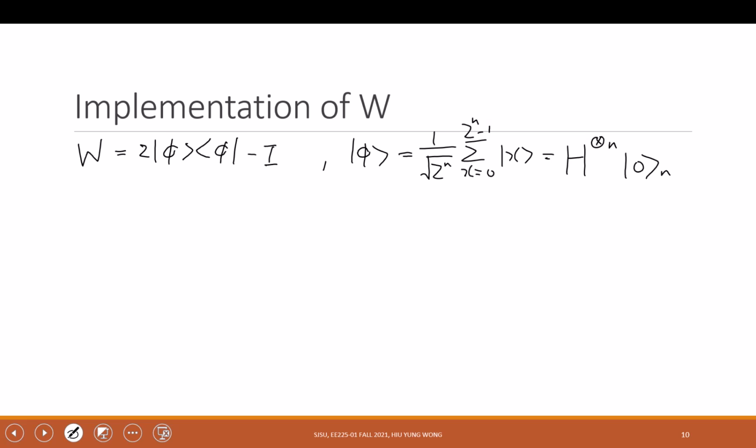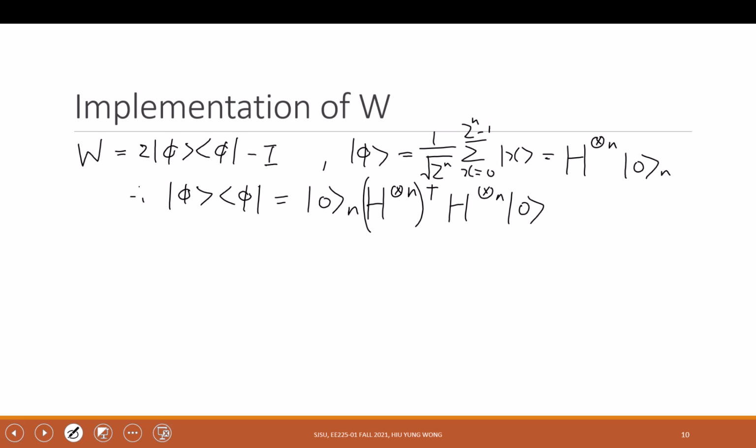Now we also need to say, what is phi outer product phi? Of course, it's equal to 0 Hadamard gate, Hermitian conjugate Hadamard gate 0. Oh, I said it wrong, wrong direction.